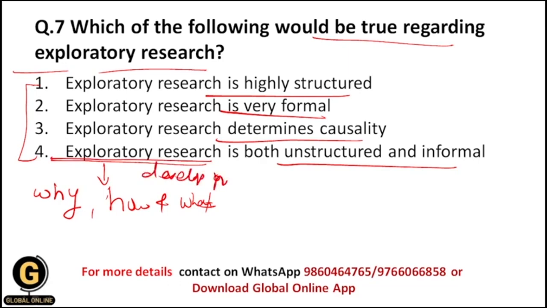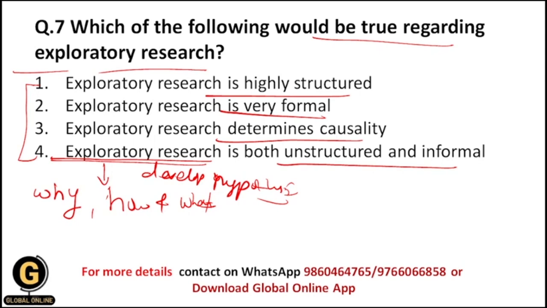I'm going to develop the hypothesis, and that's why there is no rule while doing exploratory research. As well, I can use an unstructured format over here. I can use informal techniques, such as informal data collection methods.